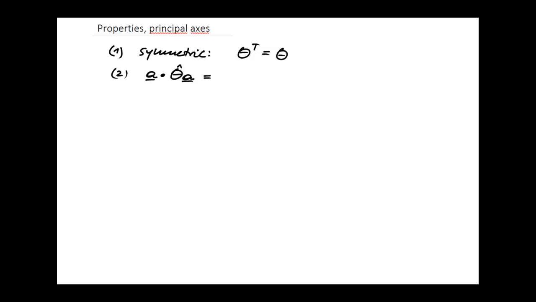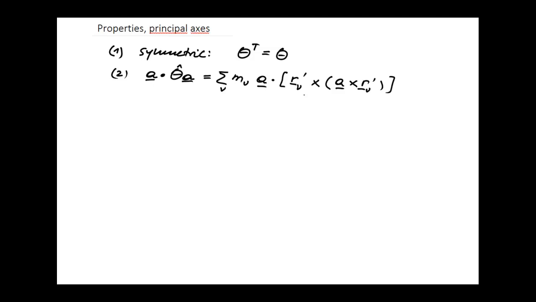Insert the definition of the moment of inertia. And you see this is the sum over nu, m nu, a scalar product with r nu prime vector product with a vector product r nu prime.